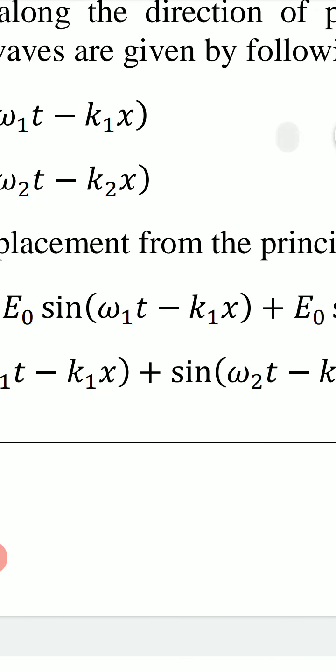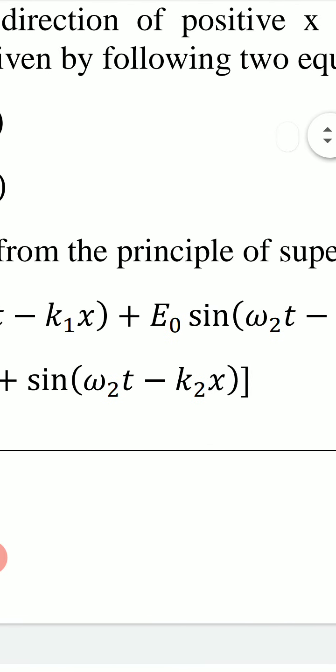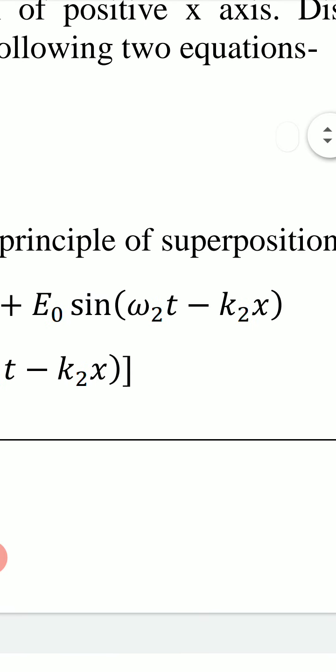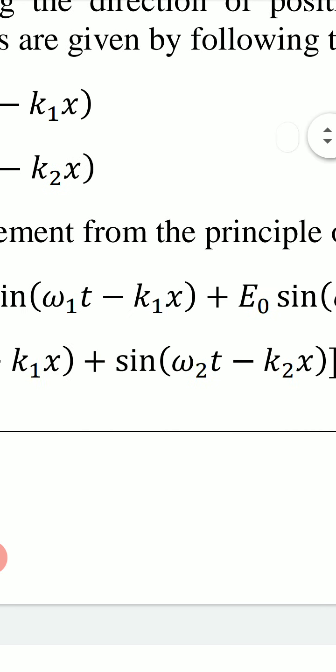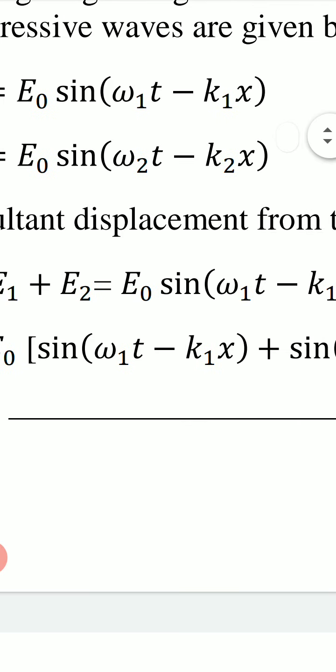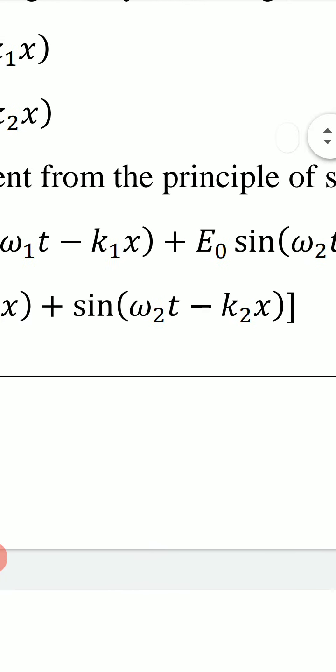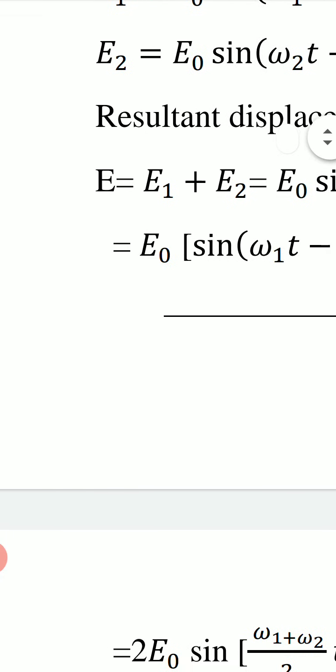We have E equal to E0 sin(omega 1 t minus k1 x) plus E0 sin(omega 2 t minus k2 x). E0 is common, and inside the bracket we have sin(omega 1 t minus k1 x) plus sin(omega 2 t minus k2 x).